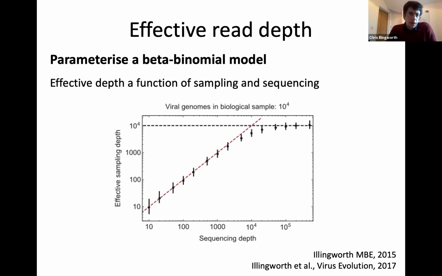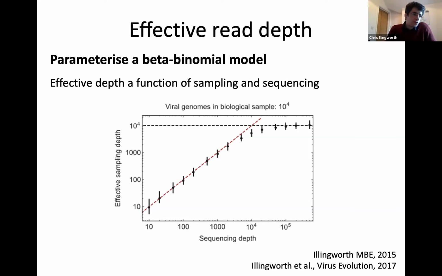I had a very short paper on this a few years ago, but it was an older idea. The concept is that you can take repeat sequencing of a system, or repeat samples from a population, and look at how much allele frequencies change.